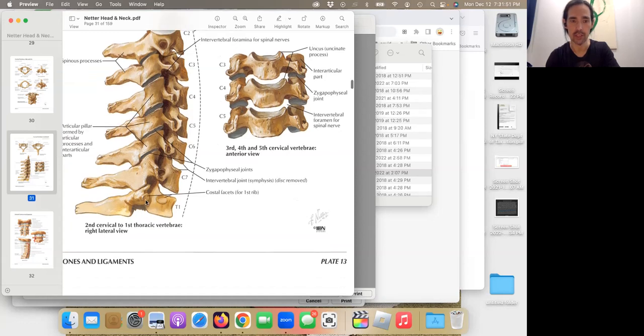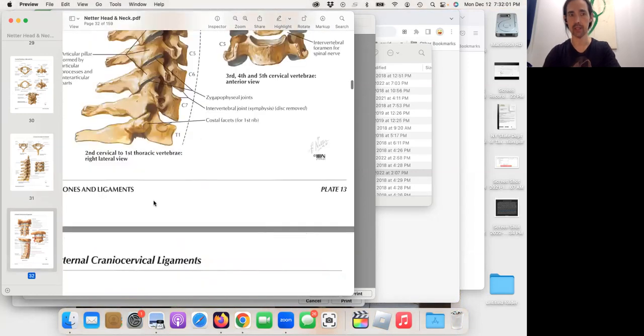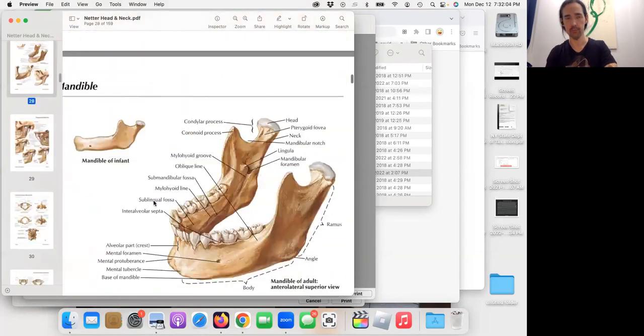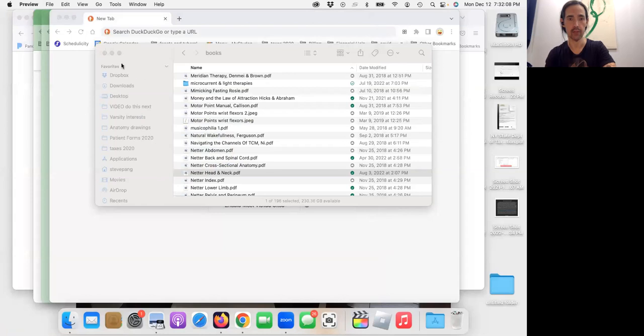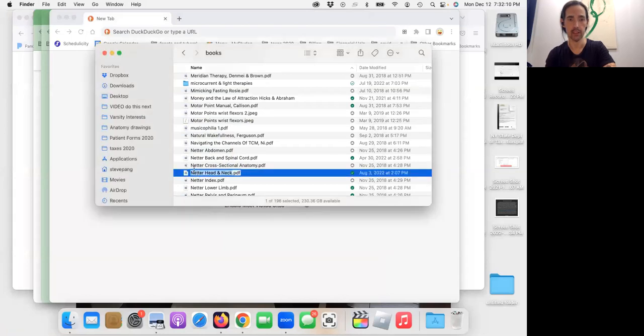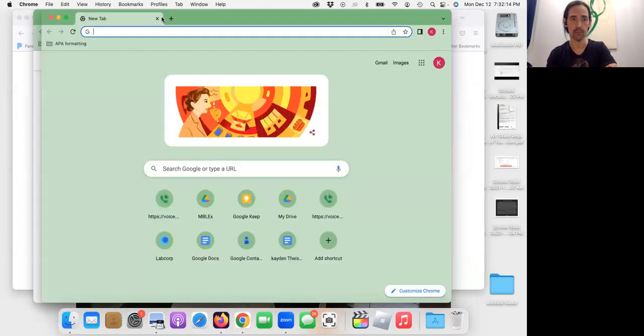The ribs articulate here, costal facet for the first rib. The ribs articulate with these facet joints here on T1. I think each vertebra has like 3 facet joints. Okay, so that's enough. That was Frank Netter, by the way, N-E-T-T-E-R, one of my favorite anatomists.